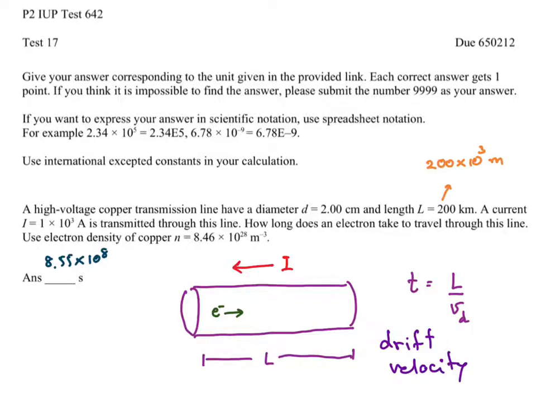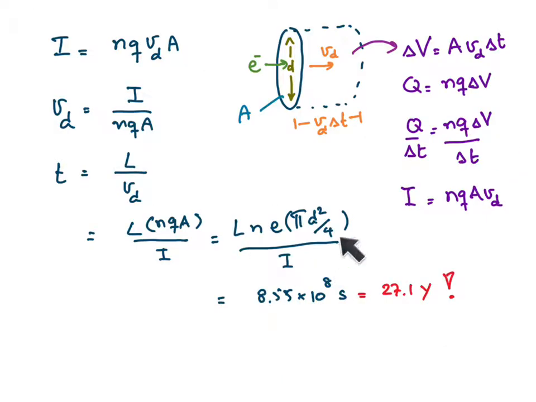We have D equal to 2 centimeters, which we change into 2 times 10 to the minus 2 meters. I is in ampere, and N is in per meter cube, so it is okay. We can put these numerical values into this expression, and when you do the arithmetic, you will see that t is equal to 8.55 times 10 to the 8 seconds.